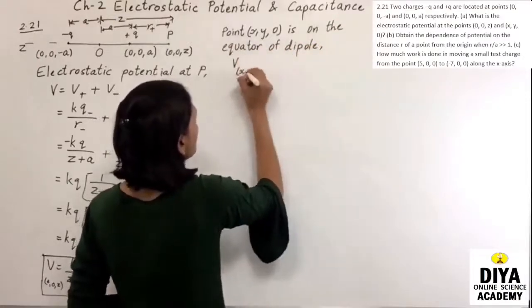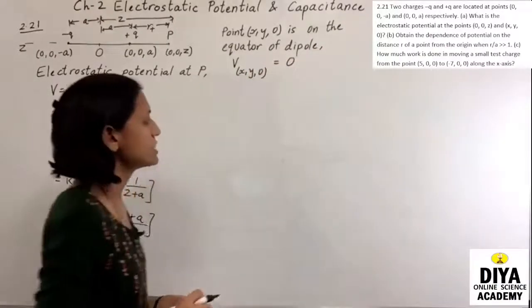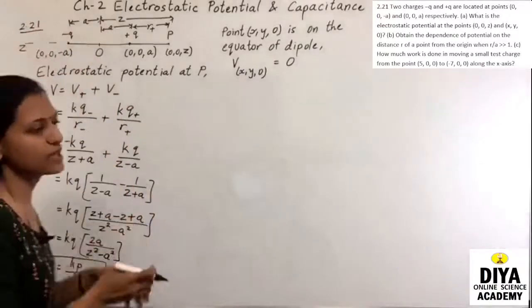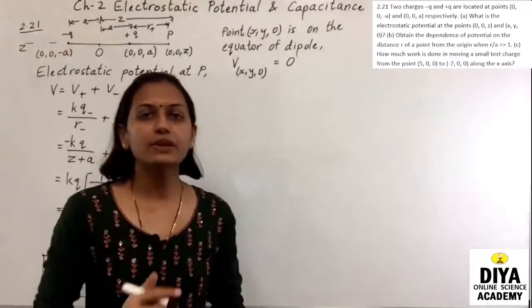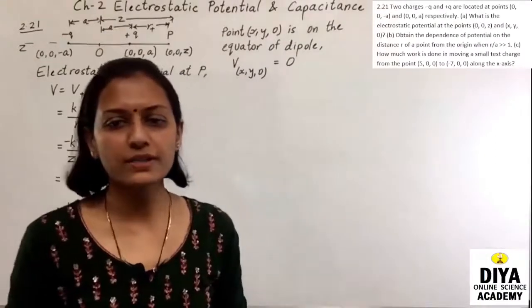V on x, y, 0 will be equal to 0 because it is at equal distance from both the charges and that will get nullified.